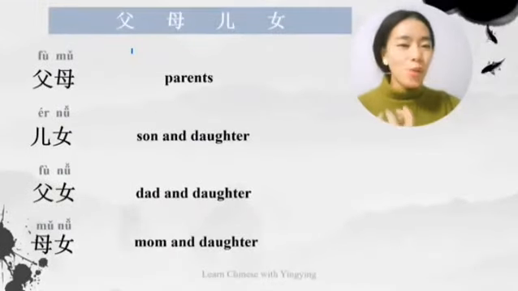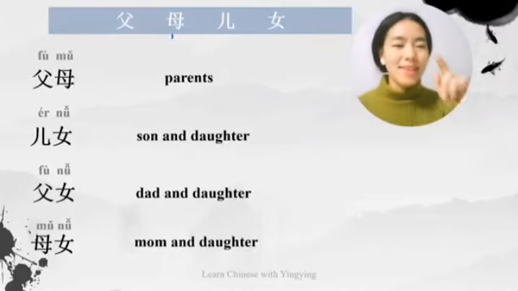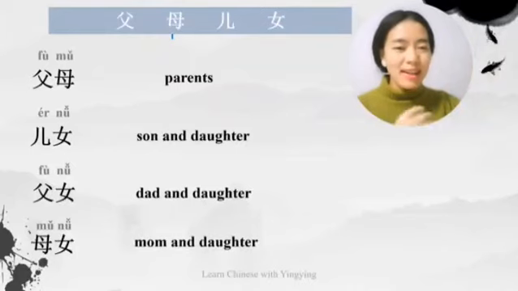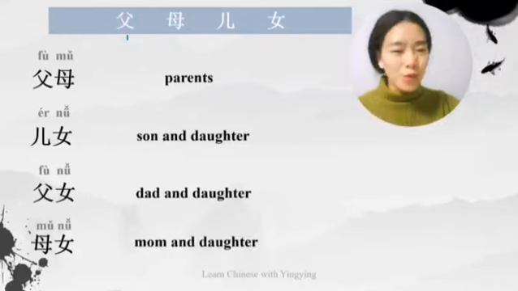And these 4 words, 父母儿女, can be put together to make 4 phrases. And these 4 phrases are super commonly used in China. The first phrase is 父母. It means parents.